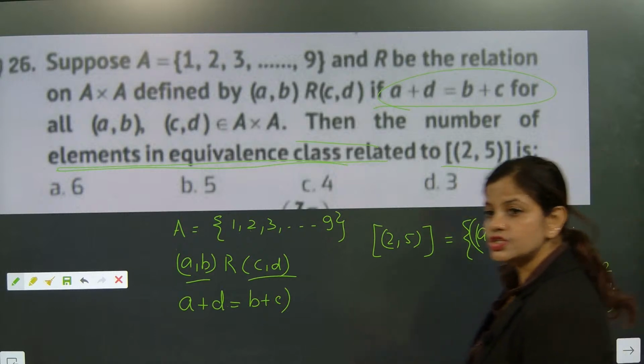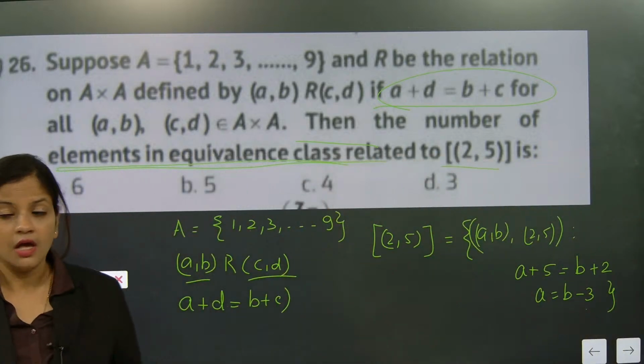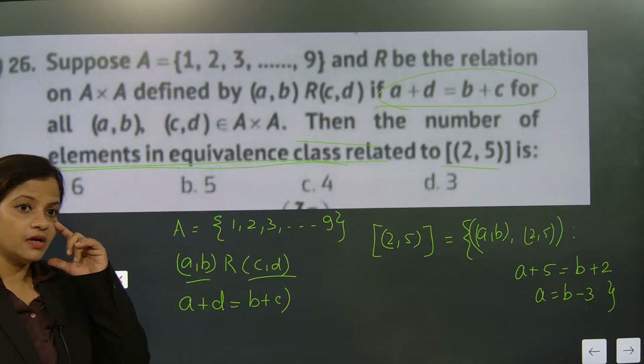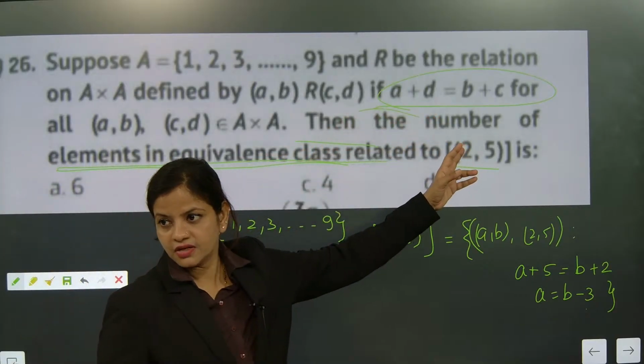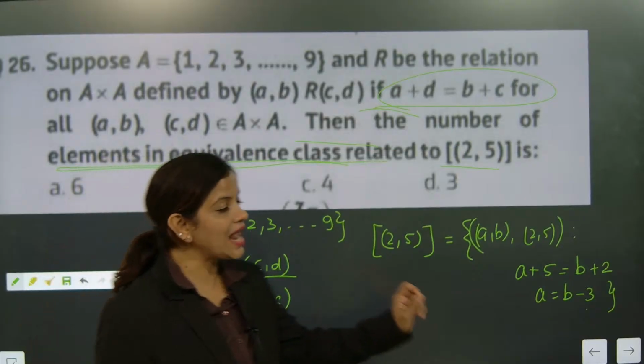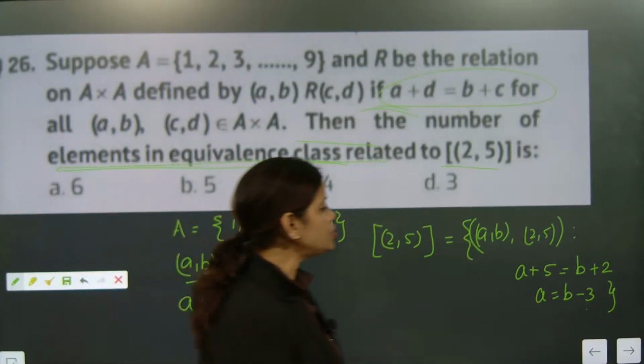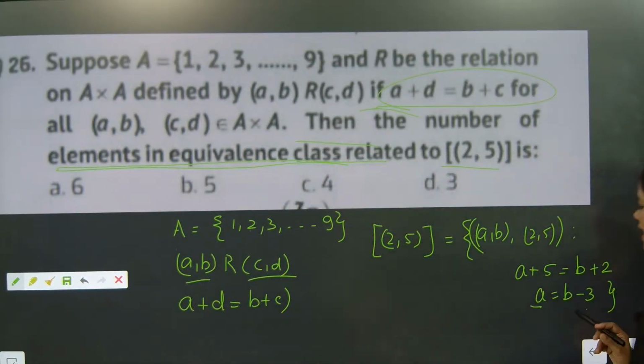Now how many such ordered pairs will be there which will make it equivalent? Already this situation is the equivalence relation. Now we have to find the equivalence class. So what should be the A value so that B minus 3, left side equals right side?